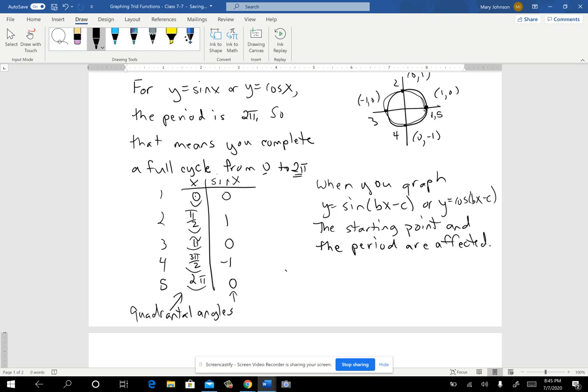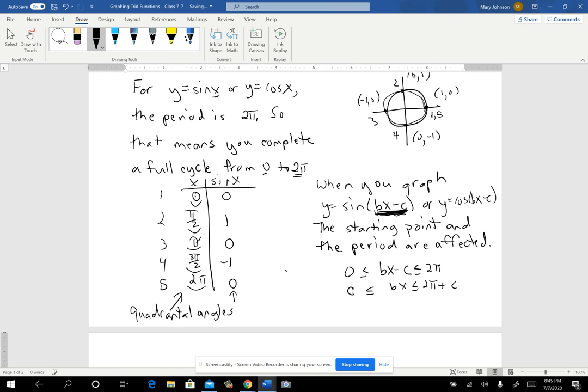Okay. All right, so the way we're going to find those 5 key points is we're going to take that bx minus c and say, okay, normally the input, which in the most basic case is x, whatever's here is your input, has to be between 0 and 2 pi. And so we solve that, only we'll have numbers.